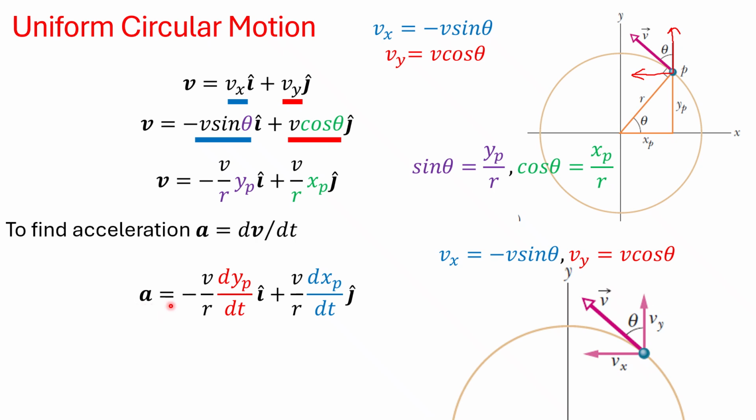Now moving forward, vx is minus v sine theta as I said, and vy is plus v cos theta, and a we are writing as d by dt of v bar. Since v is uniform and r is fixed, they are out of differentiation, and we are left with the time differentiation of yp times i cap, that is the unit vector along the x direction, plus v upon r dxp by dt j cap. Now dy by dt at point P and dx by dt at point P will be vy and vx respectively.